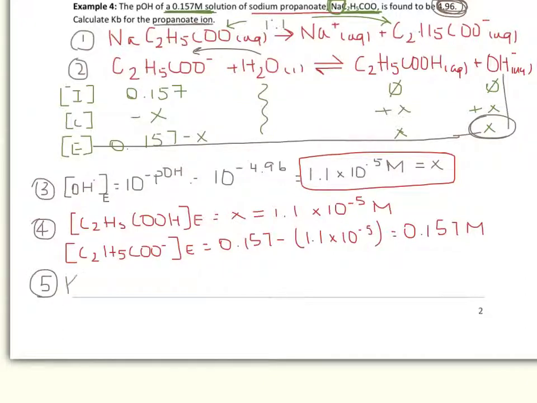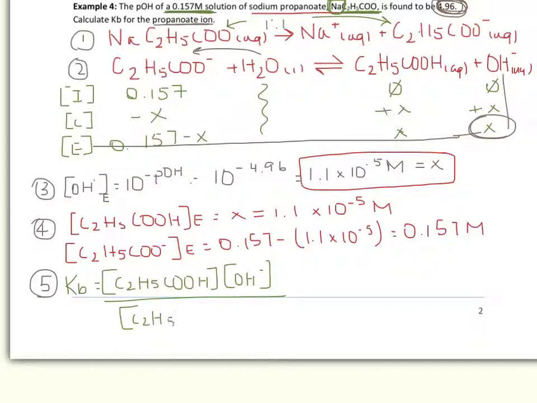We can now write out what our Kb expression would be, not Ka. Okay, this is for a base since we have hydroxide. This is C2H5COOH times OH minus all over C2H5COO negative.